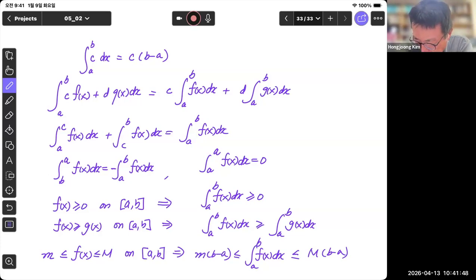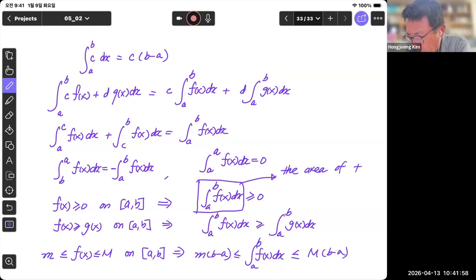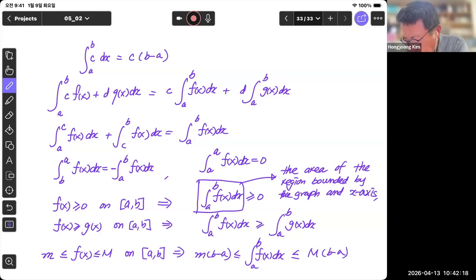And please remember that this value is representing the area of the region bounded by the graph and the x-axis and two vertical lines, x equals a and x equals b.